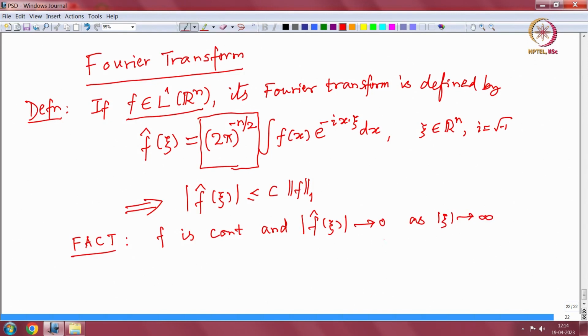We say that this is vanishing at infinity. This is called the Riemann-Lebesgue lemma.